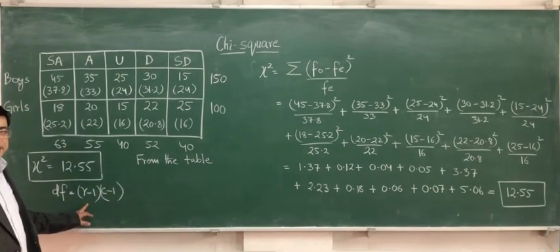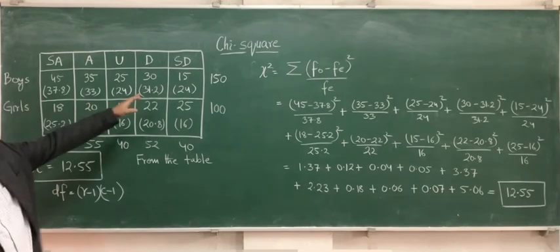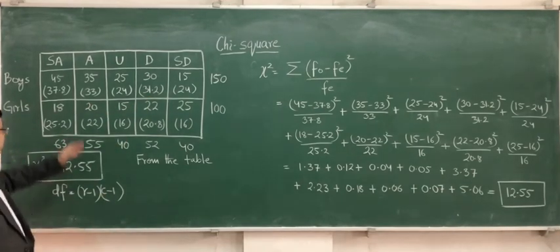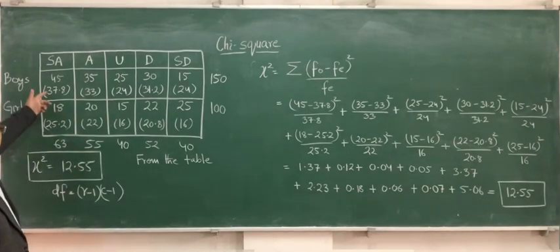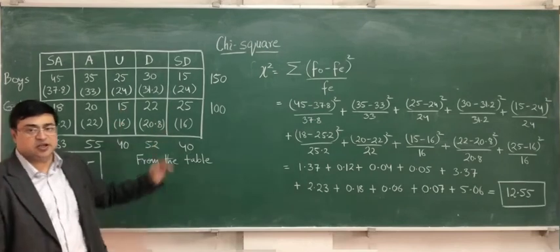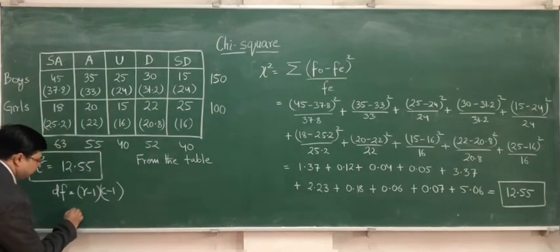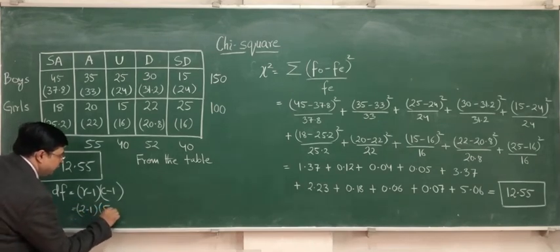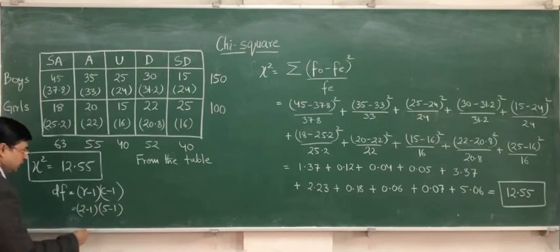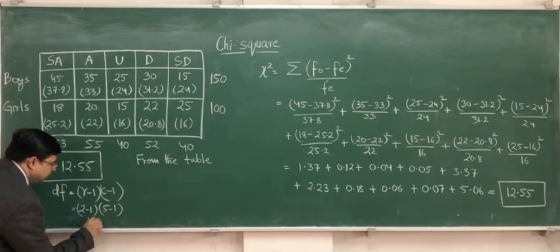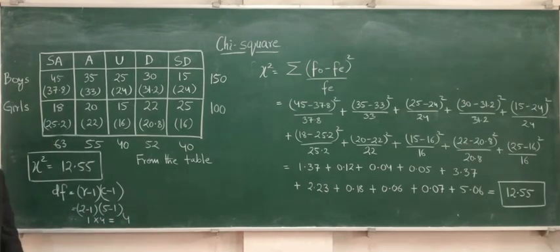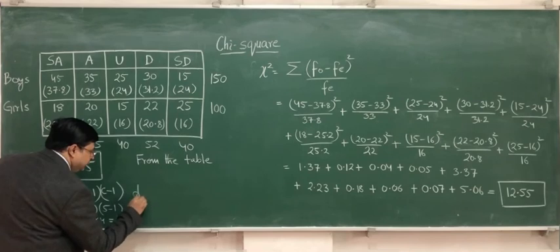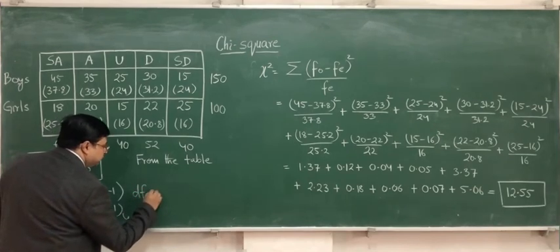R minus 1, that is number of rows minus 1, and C minus 1, number of columns minus 1. So there are 2 rows and 5 columns. So 2 minus 1 and 5 minus 1. 1 multiplied by 4. So we get 4. So degree of freedom is 4.